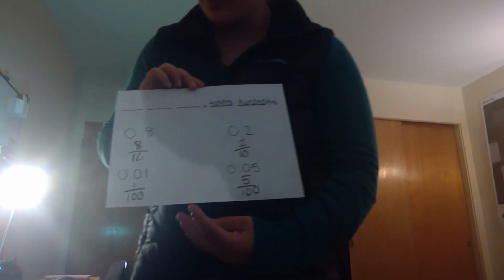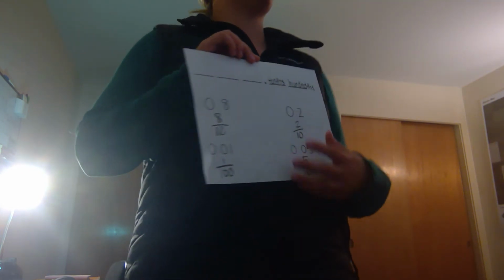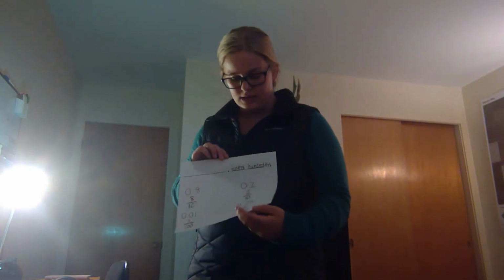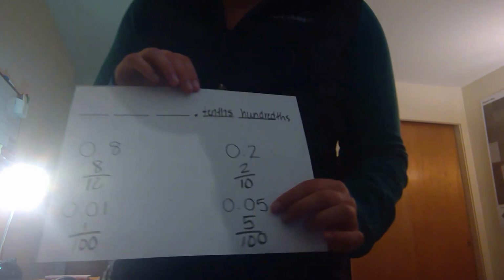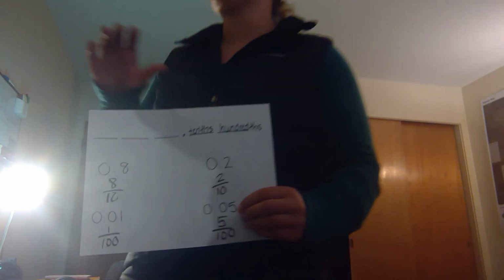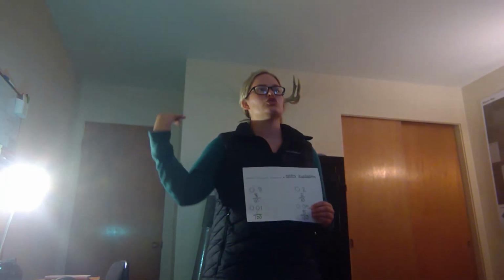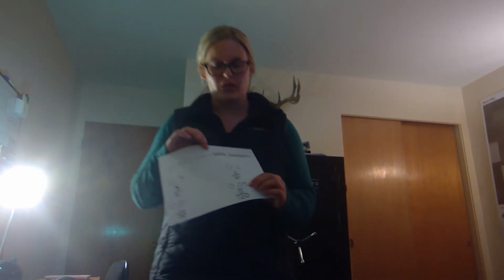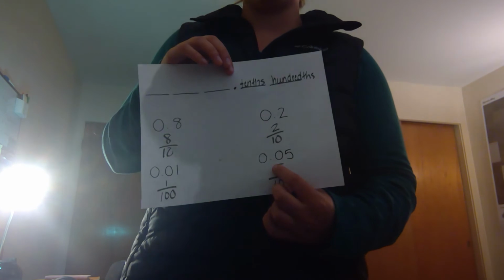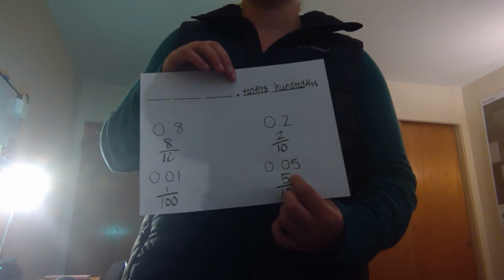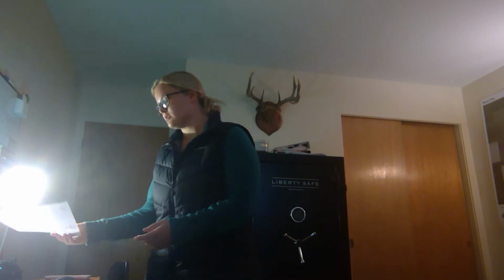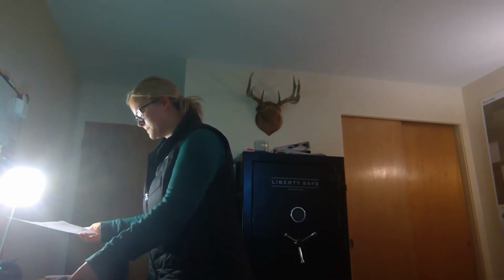So it's really important that we look at that decimal point and where the numbers fall after that. Same with this one, 0.05. It's not 5/10 because it's two place values to the right of the decimal. If it were 5/10, it would be in this first spot. But because it's in the second, it's out of 100, so it's 5/100.